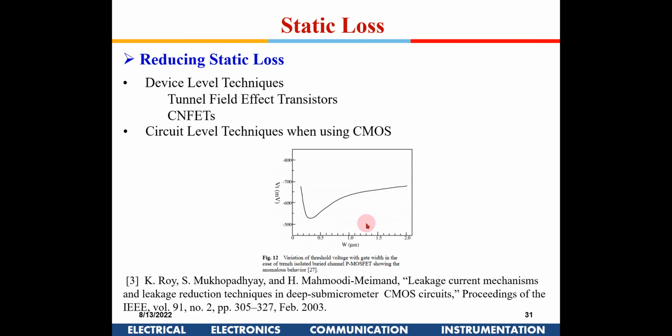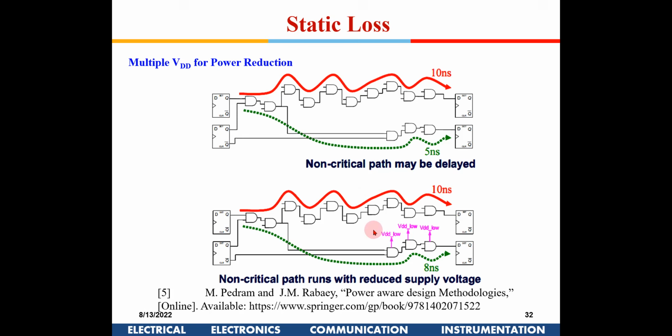But if you are designing a circuit which is going to remain idle for a long time, in that case you might want to consider using large width transistors. Otherwise that is not recommended, because large width transistors will result in high dynamic currents. Okay, so this is about static loss.